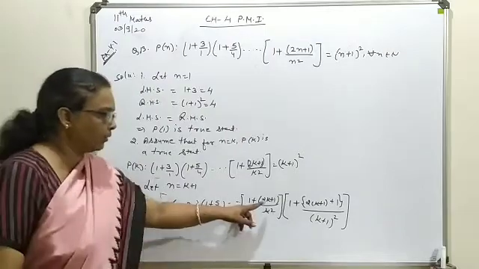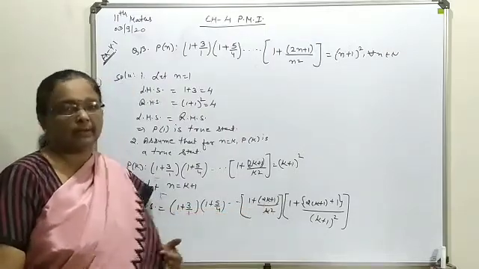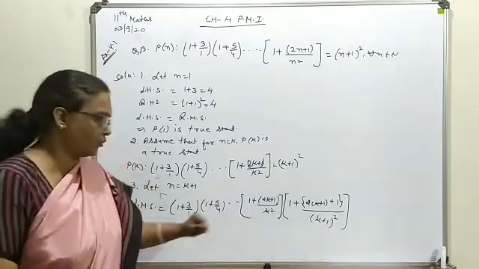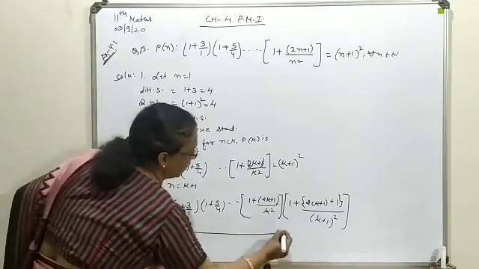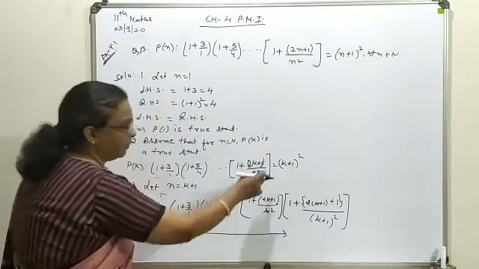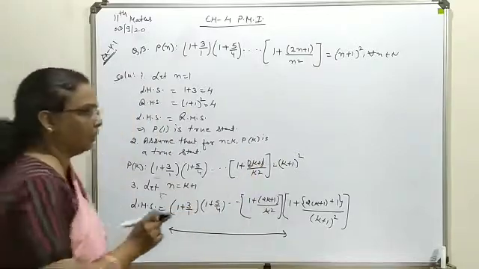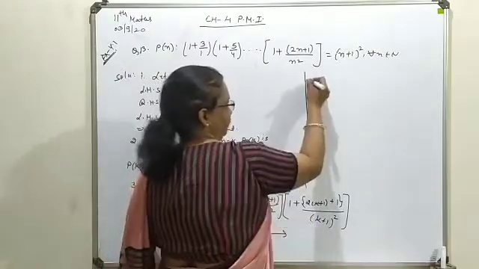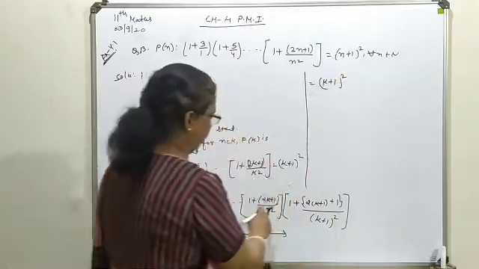Here take care of this matter that everywhere in place of k we will write k plus 1 to generate the k plus 1 combination. Now again the first to kth terms are to be replaced by a single form, that is (k plus 1) whole square. So here it will be (k plus 1) whole square.